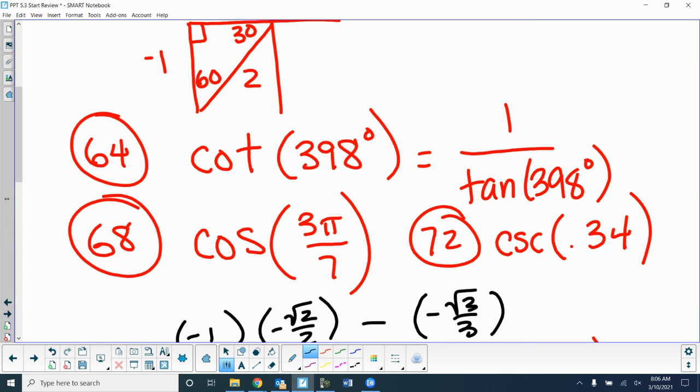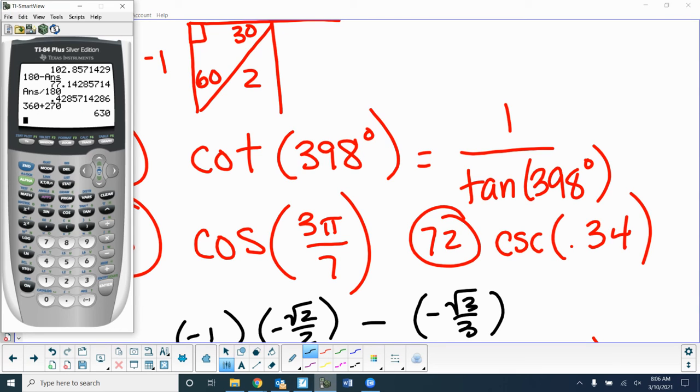So just make sure you're in degree mode, which I am, and you can just do 1 over the tangent of 398 for cotangent. And it said to go to 4 decimal places, I think. Oh, 6. So you got to go up to 6 decimal places.